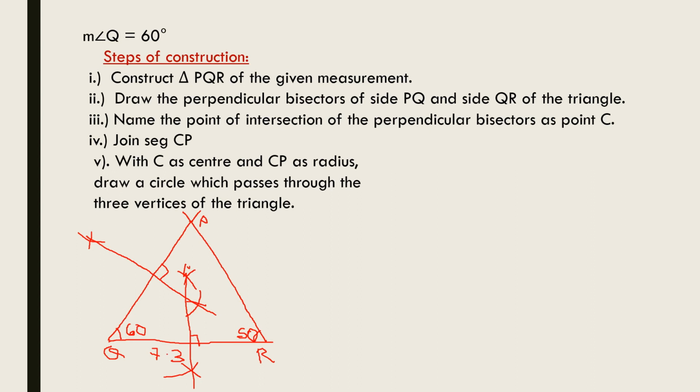That point is C. Here I am marking this point as C. And join the segment C and P. Here it is CP. And with C as the center and CP as the radius, draw a circle.